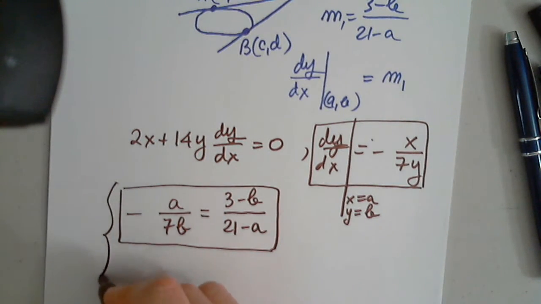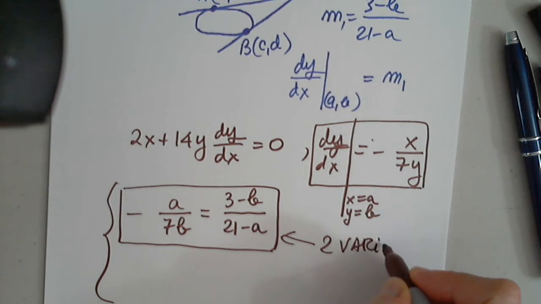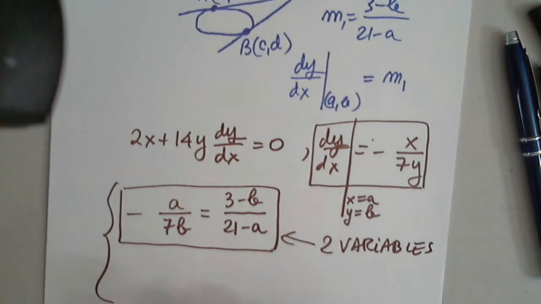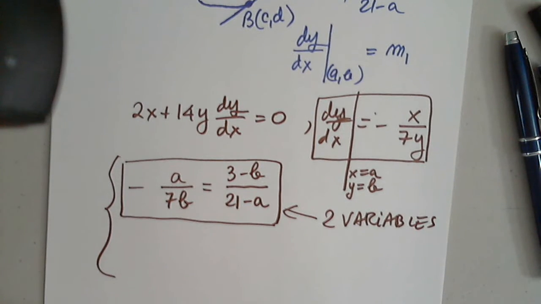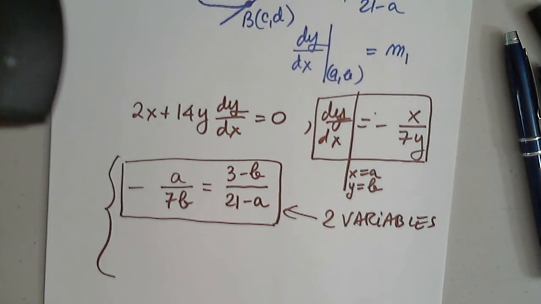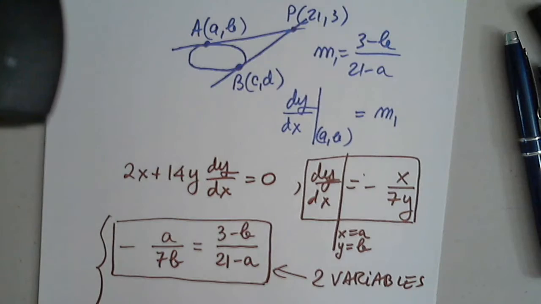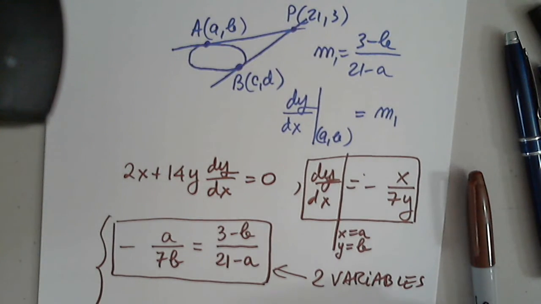Now, as you see, we have two variables. Most of the time, I will not be able to solve one equation for two variables. I need a second equation. Can anyone tell us where I get the second equation from? Anyone? It's right there in front of us.